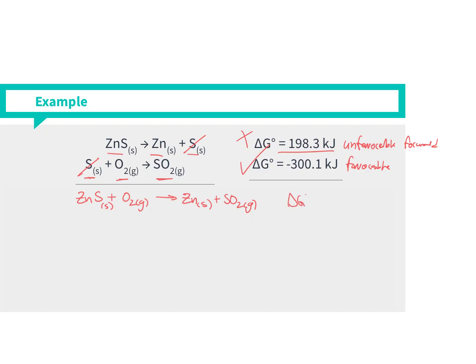And so my delta G naught, after I add these together, will be negative 101.8 kilojoules. And so on its own, this is very unfavorable. But together, the whole process is favorable. And so the reaction occurs.